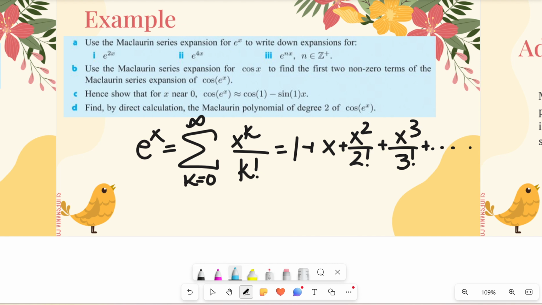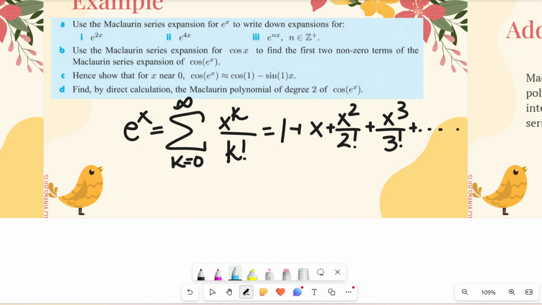So for part A, we want to use this expansion to help us. Part 1, we want e to the 2x power. So writing in my summation form, if you remember from the last problem, all we did was change the x. Here, my exponent is 2x, so every time I see an x, I'm going to replace that with a 2x.